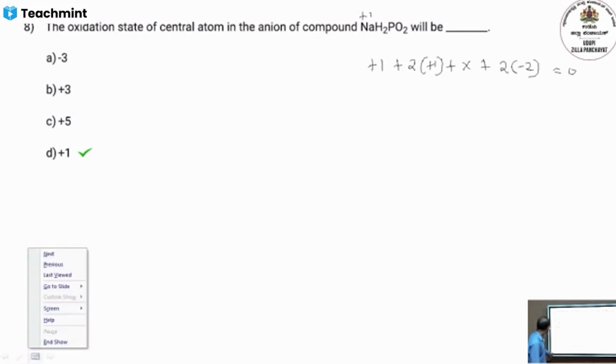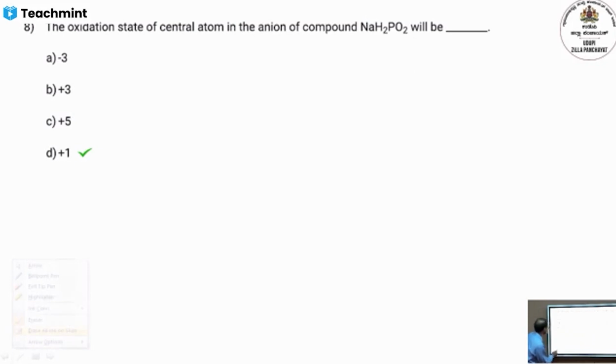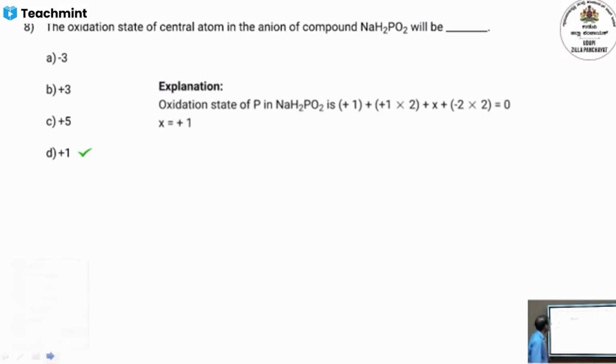If you calculate that, you get the oxidation state of central phosphorus as +1. So this is how the calculation goes.